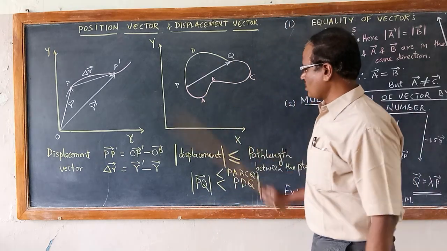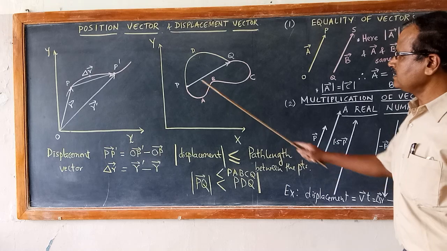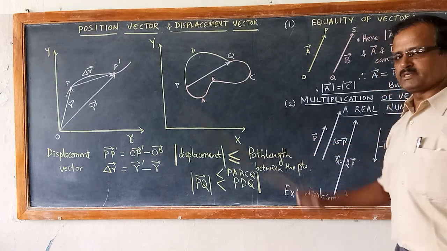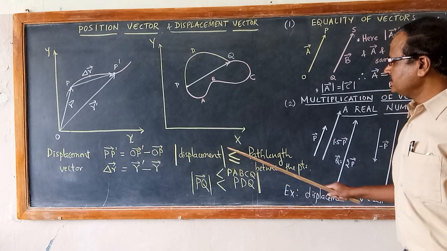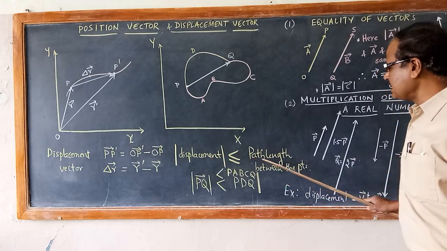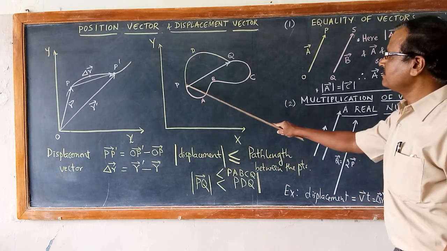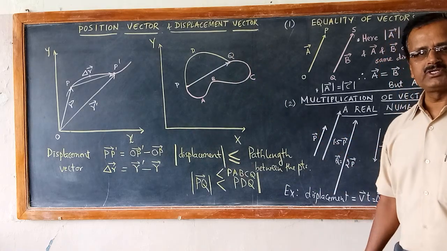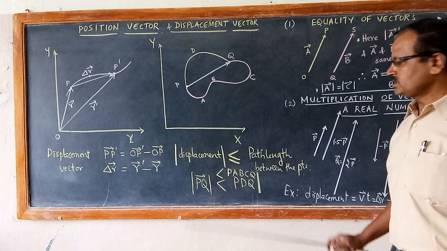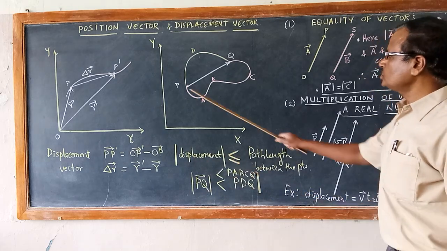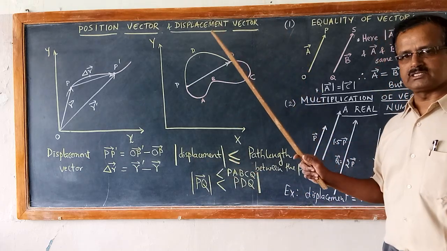In this case, what we will be discussing is that the magnitude of the displacement vector is always less than the actual path length between the final and initial position. At the most, it will be equal to the path length if it is the shortest distance.